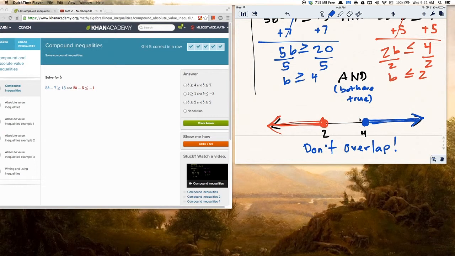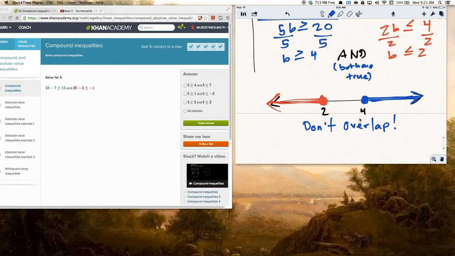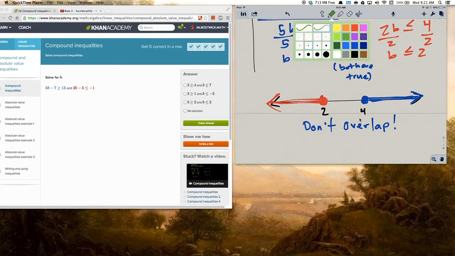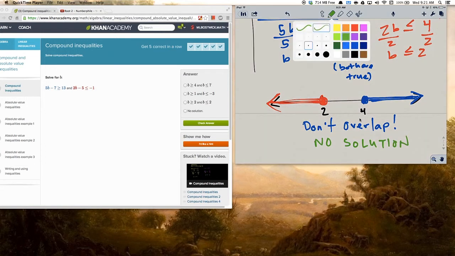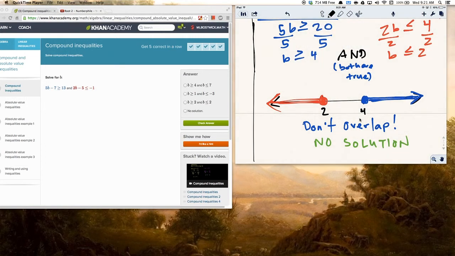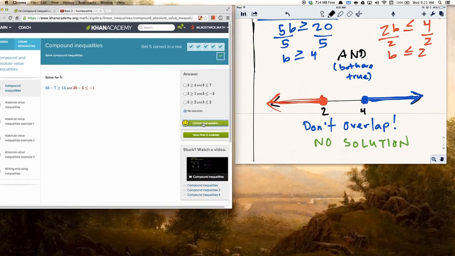So what we're saying is that since they don't overlap, there's no number that's both bigger than 4 and smaller than 2, which makes a heck of a lot of sense. So since they don't overlap, we're going to say no solution. Because they can't both be true at the same time, and the word and requires that they both be true. So I'll go ahead and click no solution here, and that's our first example.